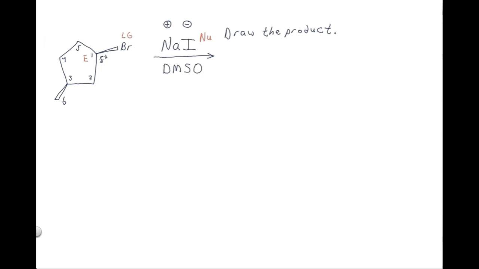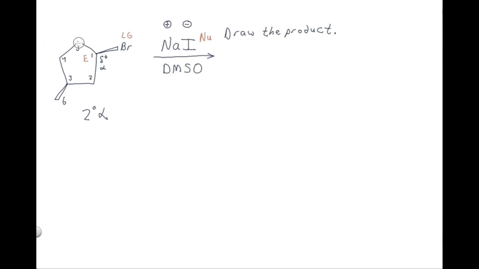Carbon 1 should be labeled as the alpha carbon because it's the carbon that's attached to the leaving group. So notice that the DMSO is not playing any direct role in the reaction. It's just a spectator as the solvent. Now we have to determine the mechanism. Well, carbon 1 is a secondary alpha carbon.